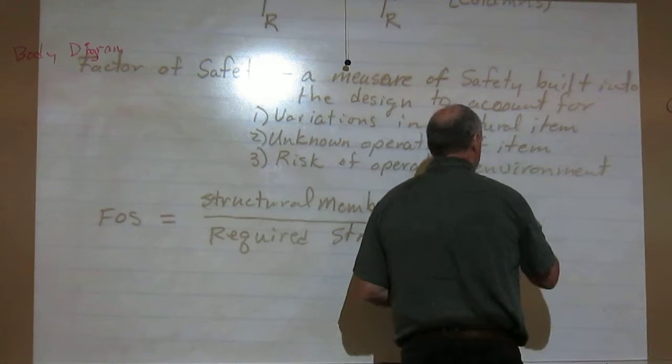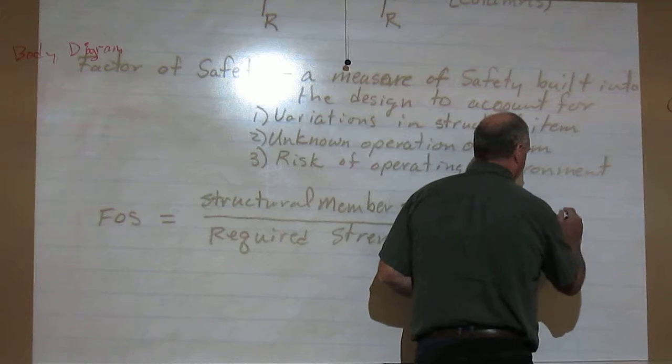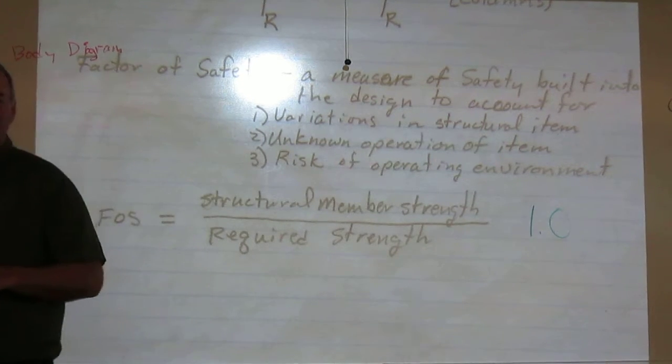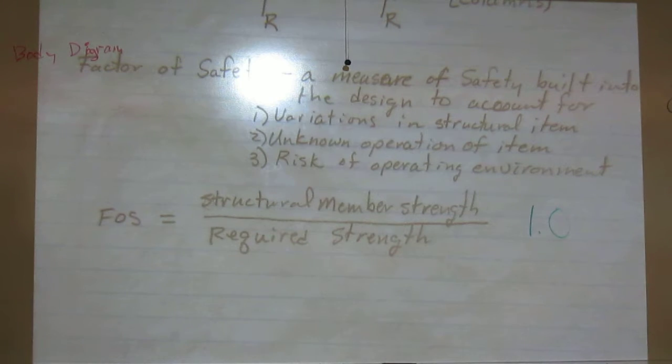Let's say I do that calculation and I get an answer of 1.0. What does that tell you? So we've got the strength of the member divided by the load we're going to put on it. It's the exact required strength.